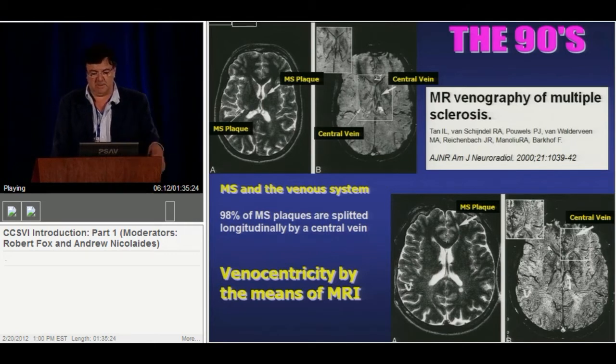This is probably the first study demonstrating that in 98% of the MS plaques there is a vein in the central part of the plaque, exactly splitting the MS lesion. This is very interesting because all the inflammation and the infiltration of the inflammatory cells is just around the central vein.